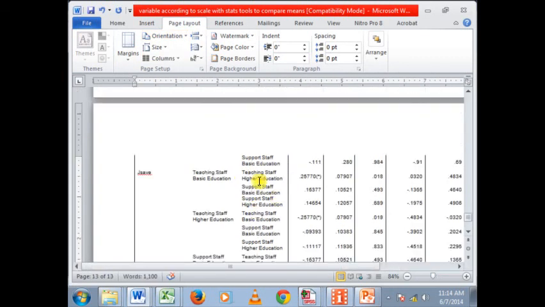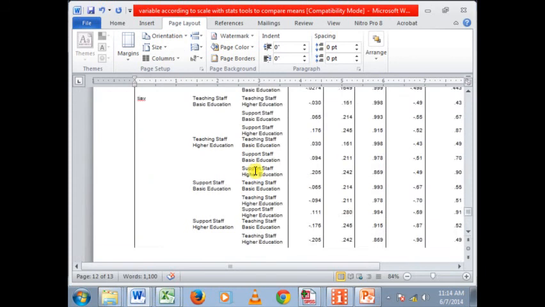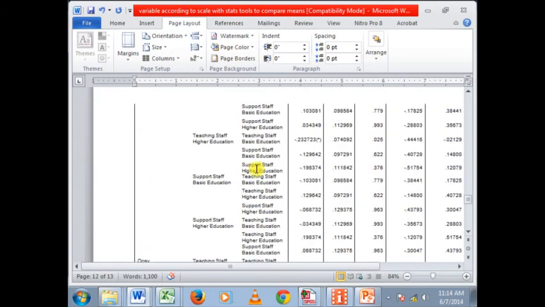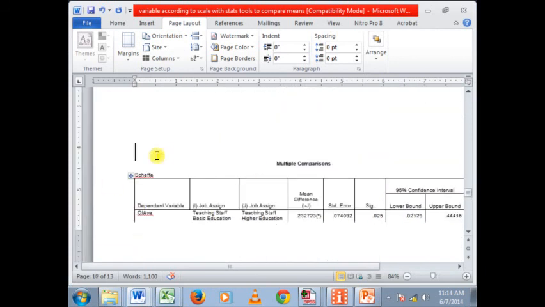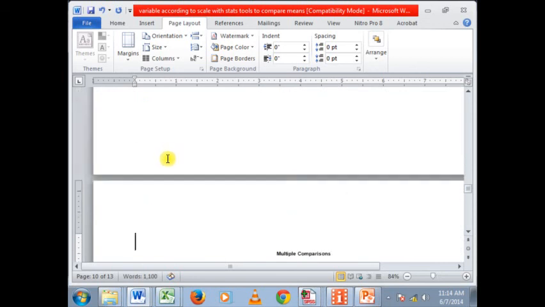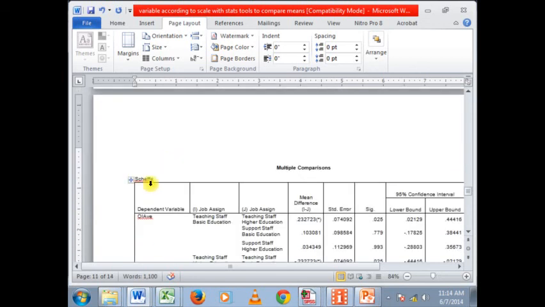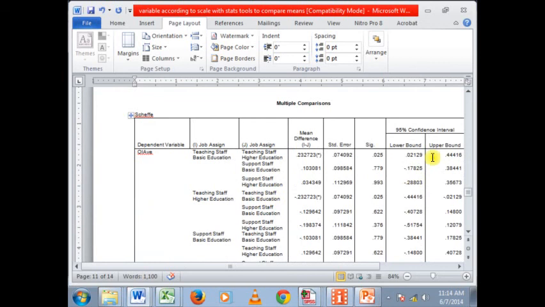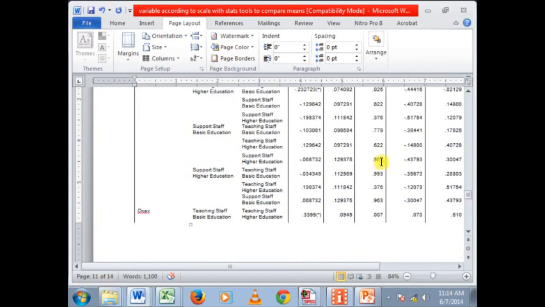Okay, so you can have a better glance of it when it is done in here. It's easier to look at it that way. Multiple comparisons. Anyway, you will be more interested in these areas until here. So it's easier to look at it this way.